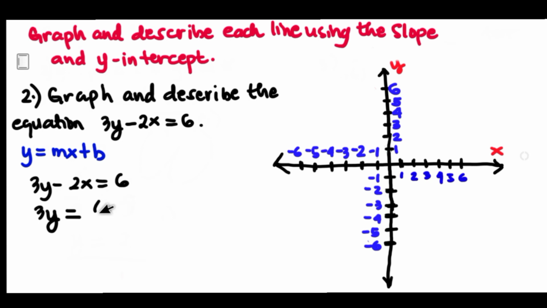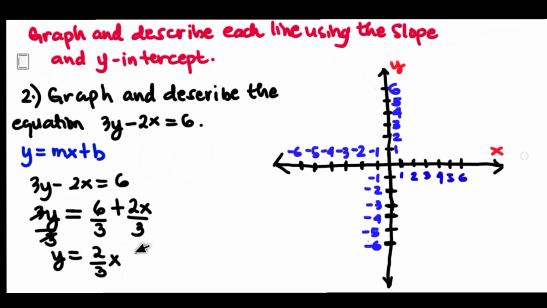And then the 6: since we add to both sides, there should also be plus positive 2x here, using the addition property of equality. And then, divide by 3. So y will be 2 thirds x plus 6 divided by 3 is 2.